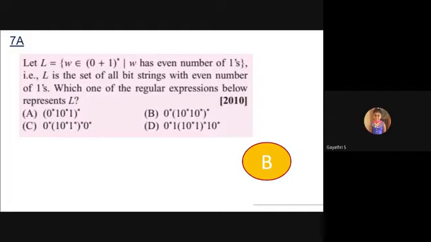But in the C option, the one which is in the closure state, closure means epsilon is also added. So sometimes it also accepts odd cases too. The same thing happened to D also.